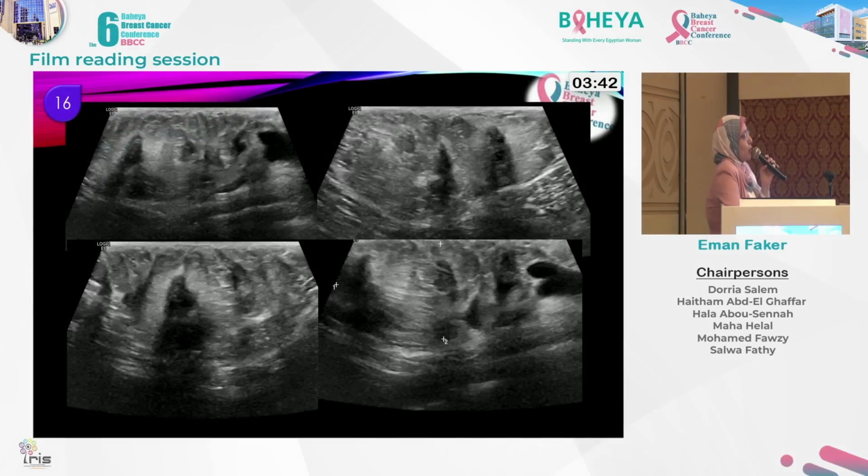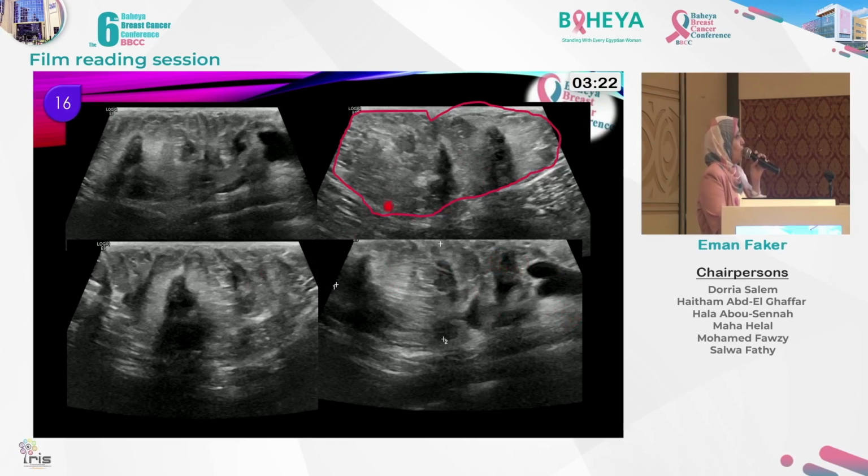Here we performed a second look ultrasound. We called the patient again, and we performed a second ultrasound to confirm the lesion. Okay, this actually was the lesion. This was the whole lesion, not only the cystic space and the ill-defined lesion.